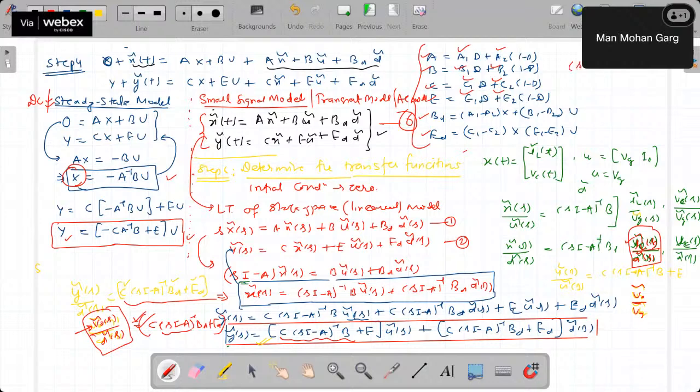Getting the adjoint for a second order matrix is easy, but for a fourth order or fifth order, this adjoint becomes difficult to get. Second thing, if you further involve the non-idealities in this system, then it becomes even more complex to get the inverse, because everything you need to do manually. The reason is that this S comes into the picture. S is a complex variable, so it is difficult to solve.